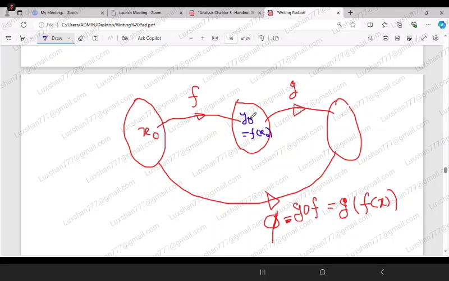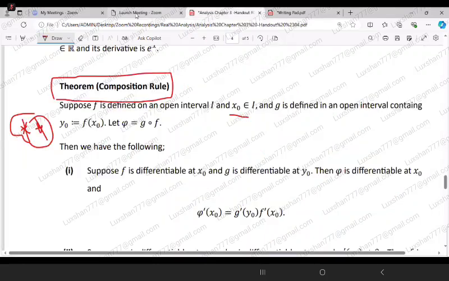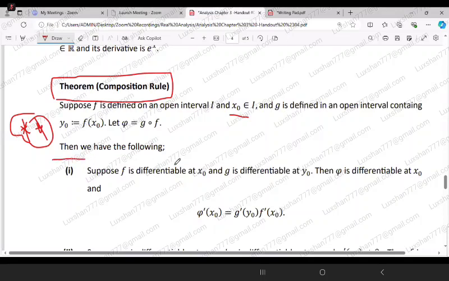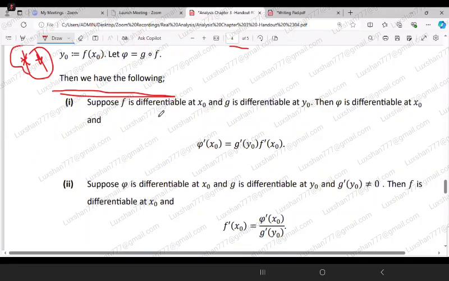Now we have the following. Suppose f is differentiable at x naught and g is differentiable at y naught. Then phi is differentiable at x naught.